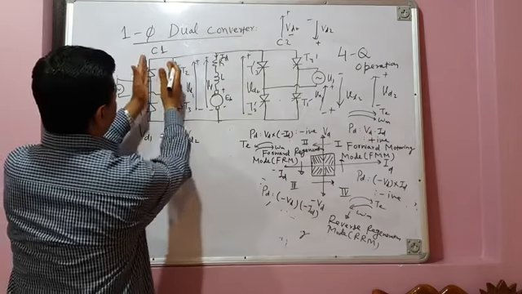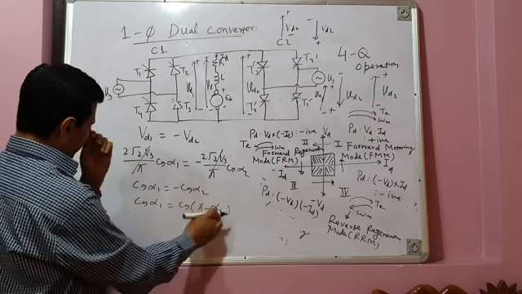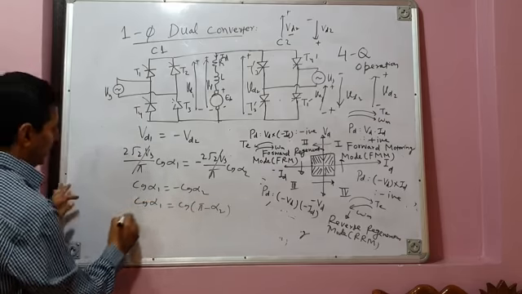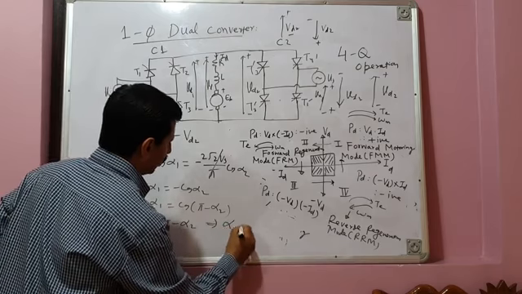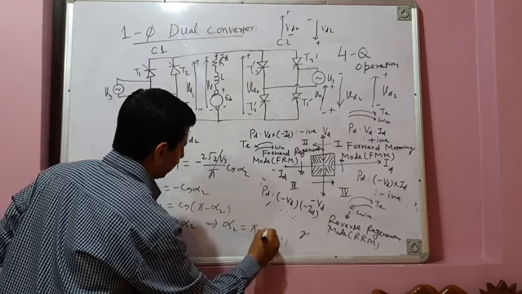This means cosine alpha 1 is equal to cosine of pi minus alpha 2, because it is minus. So cos of pi minus theta is minus cos theta. So this gives alpha 1 is equal to pi minus alpha 2, which means alpha 2 is equal to pi minus alpha 1. This is a very important relation. So alpha 2 is equal to pi minus alpha 1. This gives the relation between the delay angles of converter 1 and converter 2.